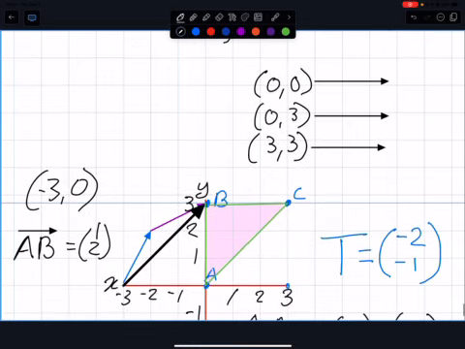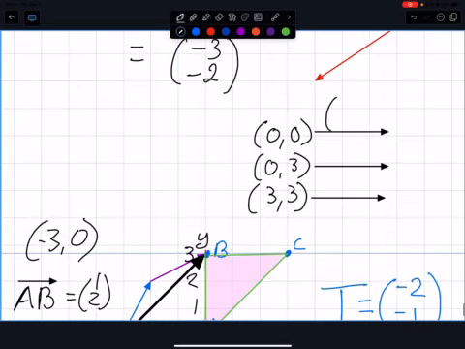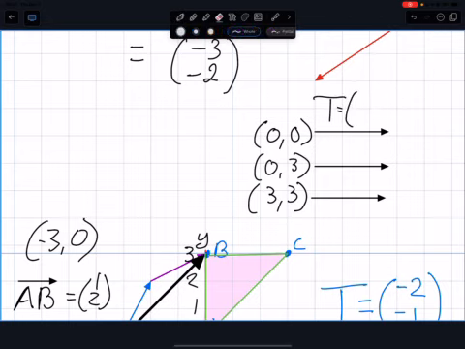The translation was -2, 1. T is -2, 1. That's the translation.